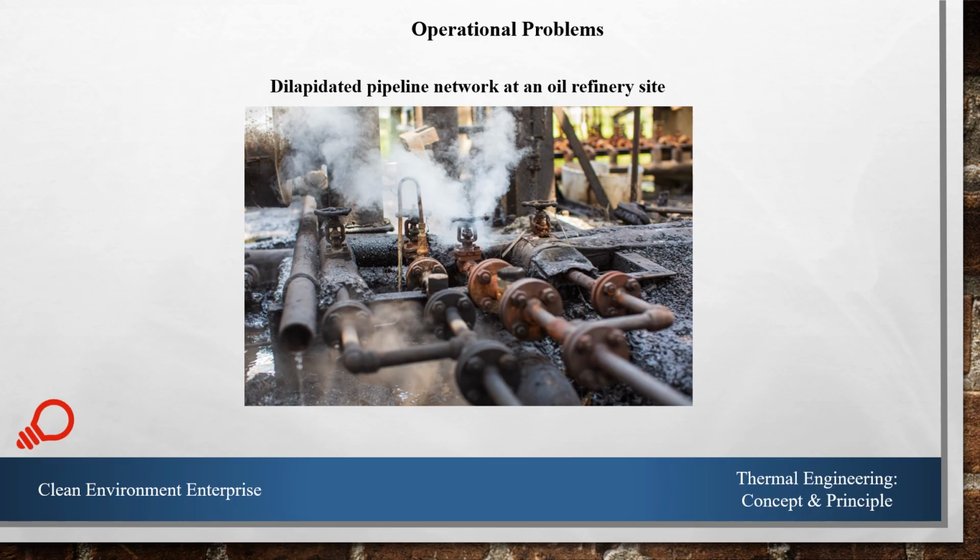So some of these problems usually arise during the operation of the industrial site. And here we have a disrupted pipeline network in an oil refinery site, which cannot be used in normal operation of this system. Therefore, this system should be stopped and then a new one rebuilt.